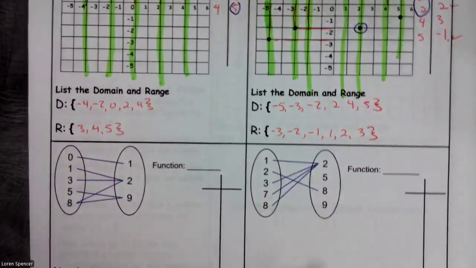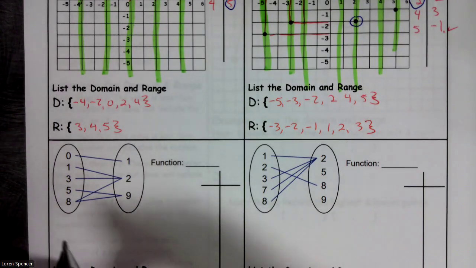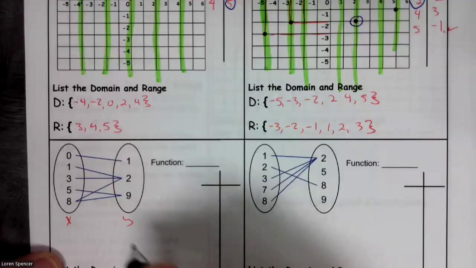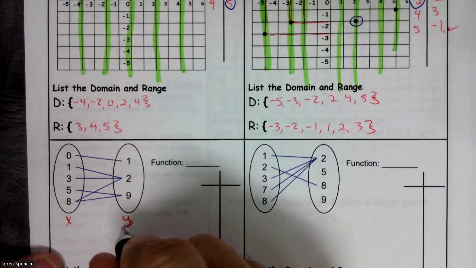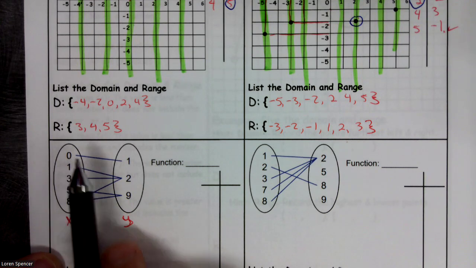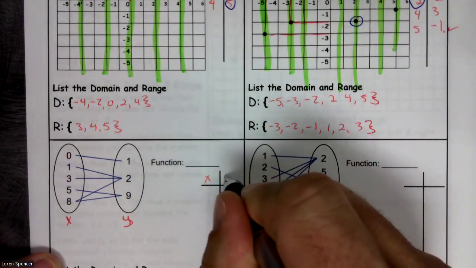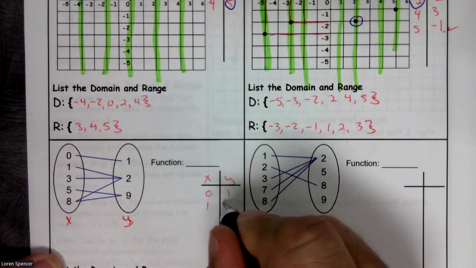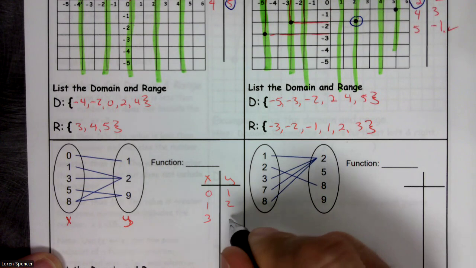All right, the mappings. And once again, I did not label them x and y. It's a bad habit I have. So we're mapping 0 to 1. Okay. 1 to 2. 3 to 2.